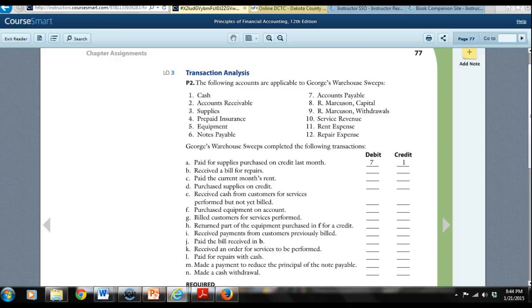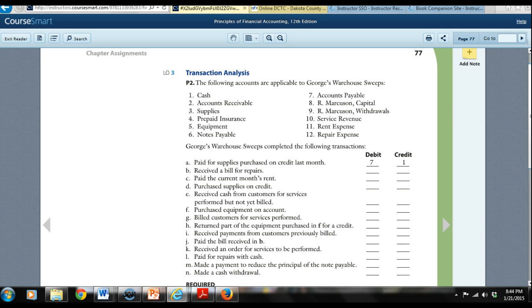Now, how about L? Paid for repairs with cash. We're going to credit cash, and we need to debit something. Look at one of those accounts. Repair expense. Exactly.